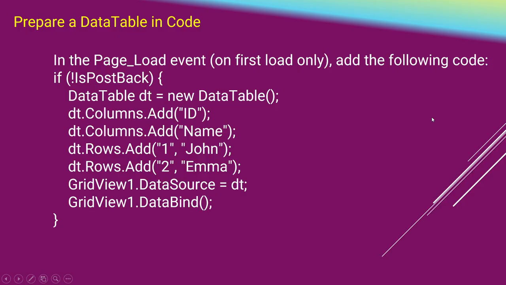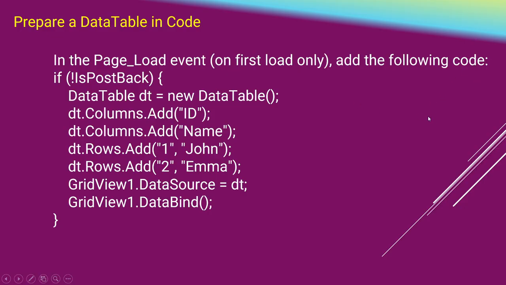Next, we need to prepare a data table to hold our data. In the page load event, add the following code block to check for the first load using if not IsPostBack.